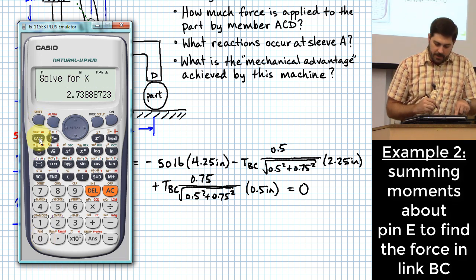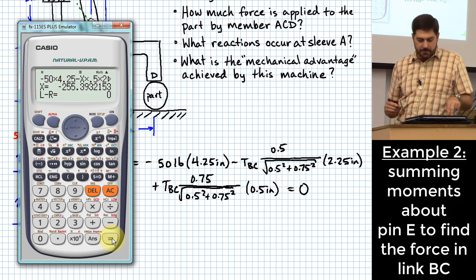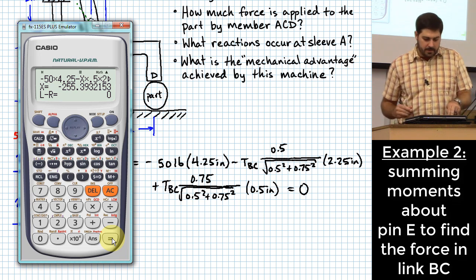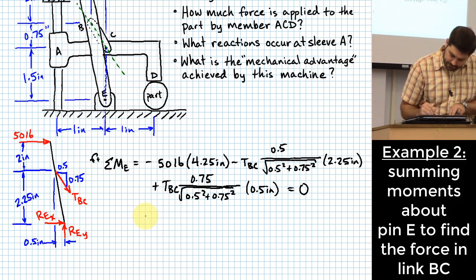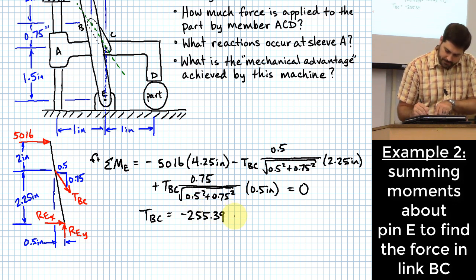I don't need to put anything in special for my initial guess, so I'll just hit equals, and it tells me it ends up being negative 255.39. Units? Pounds.